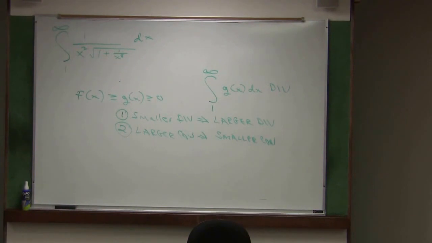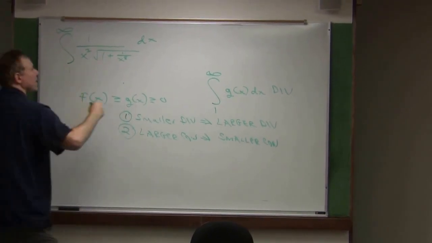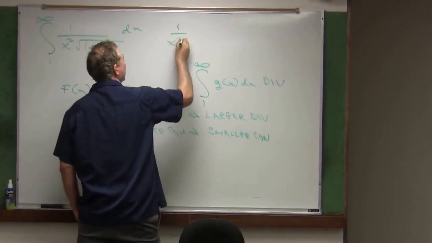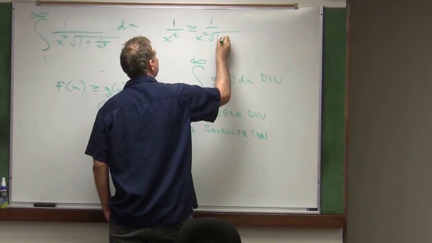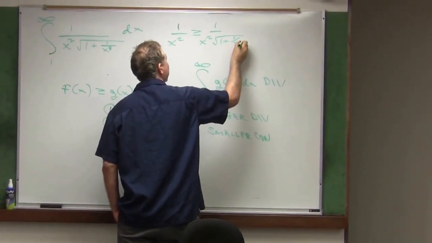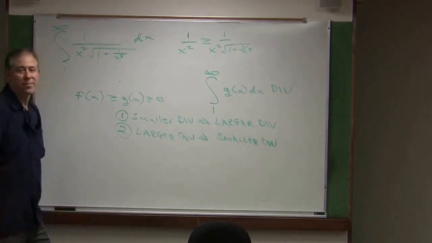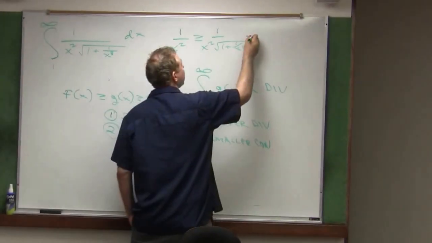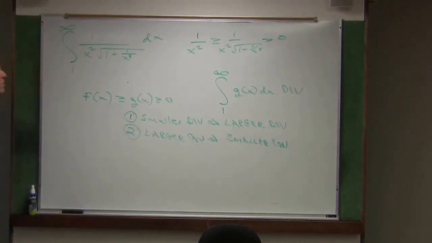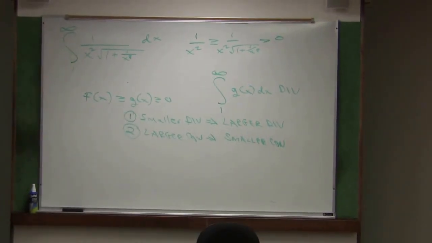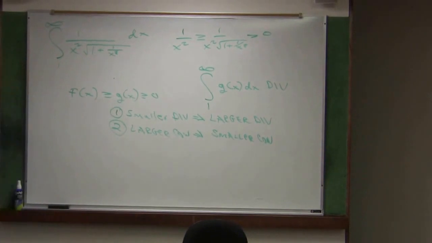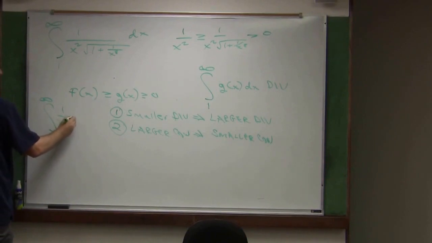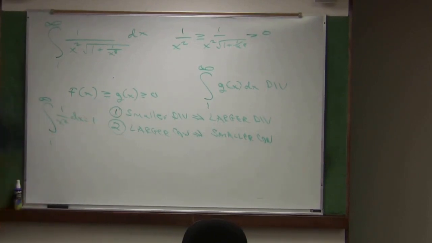So if you look at it, we know that 1 over x squared is slightly bigger than 1 over x squared times the square root of 1 plus 1 over x to the 8th, right? Positive on this interval from 1 to infinity. So we know that this function converges. So in other words, the integral from 1 to infinity of 1 over x squared converges and is actually equal to 1. We've already seen that.